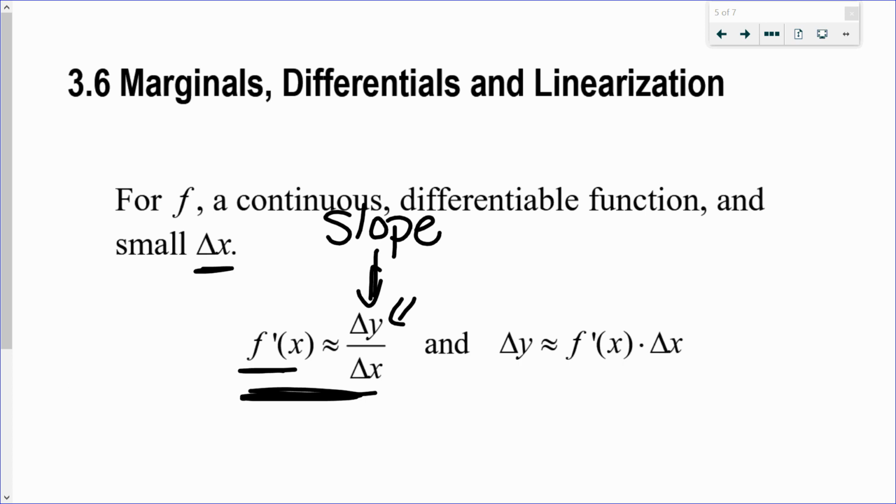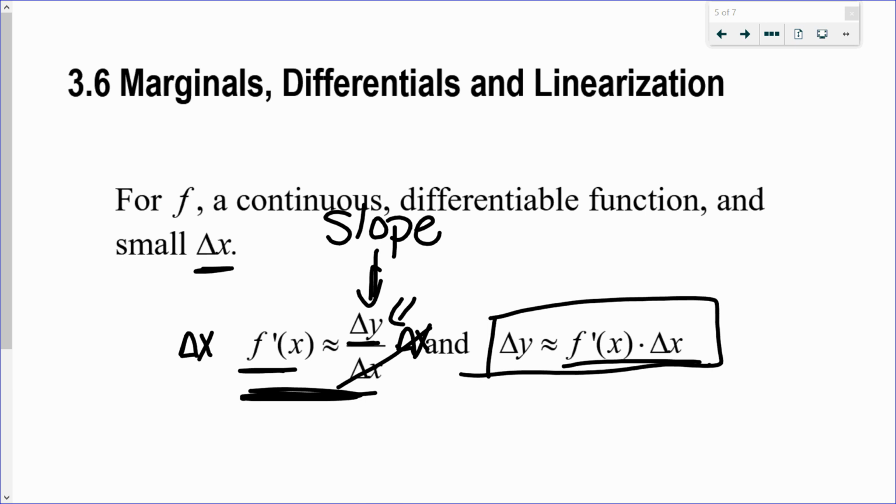So if I multiply each side by delta x, okay, on this side I'm left with just delta y is approximately equal to the derivative times the change in x. Okay, so this is a formula that allows us to approximate what we would get doing that old school method from the other page.